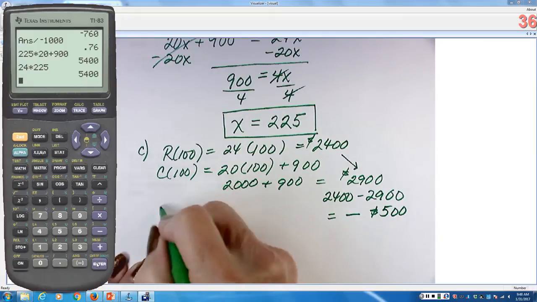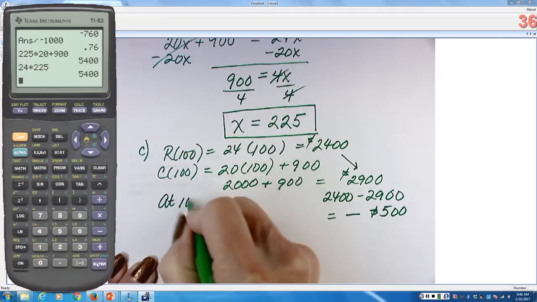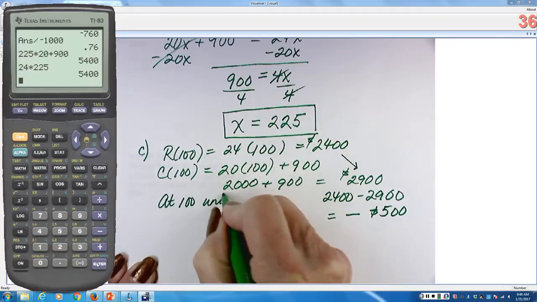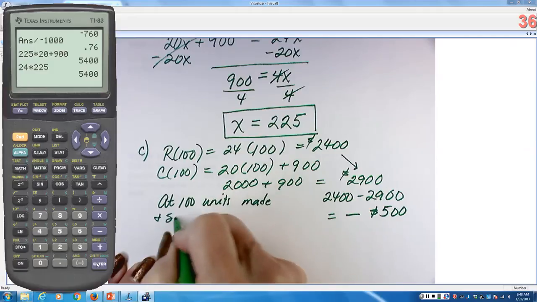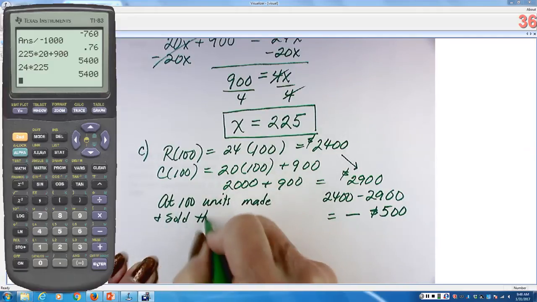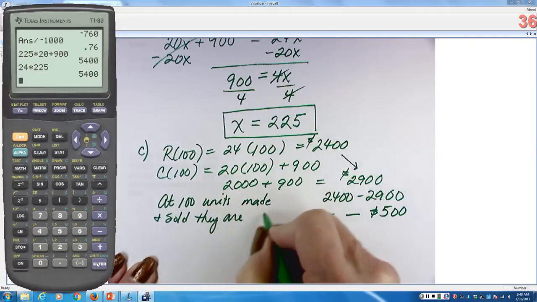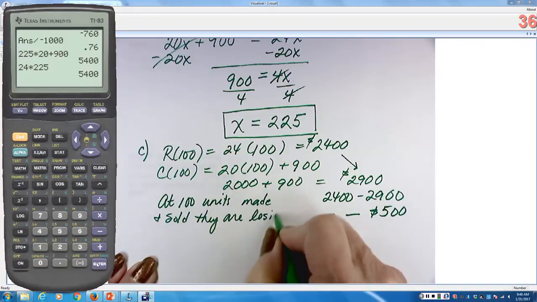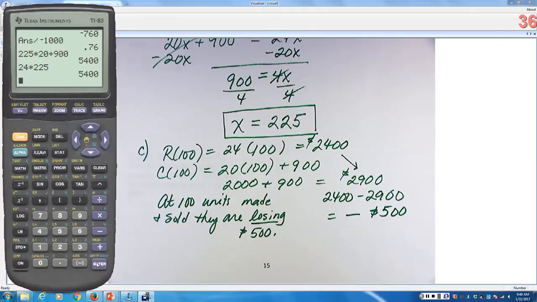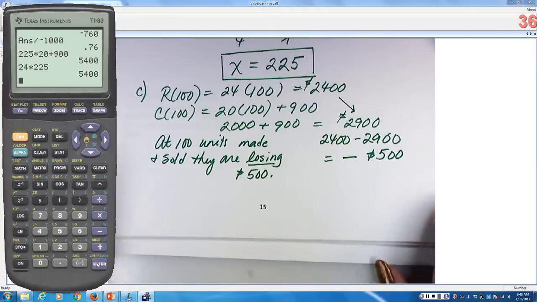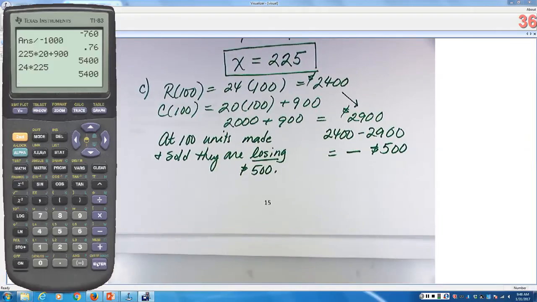Keeping in mind here that they lost money at only 100 units, so hopefully they're going to have to make a lot more.